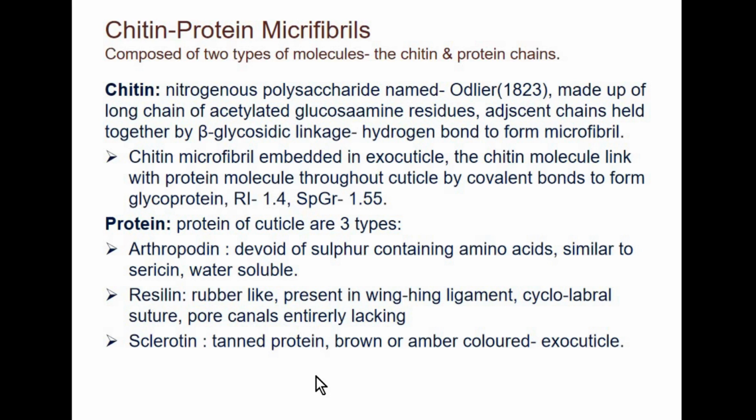Now along with that, these are the kinds of proteins present in the integument. Along with that, lime and pigments are also present in the integument. The lime, such as in the case of aquatic insects, is present in the exocuticular region, and the pigments are also present in the integument of insects.